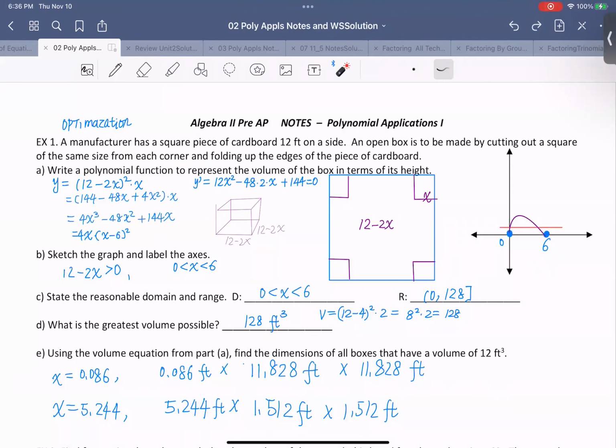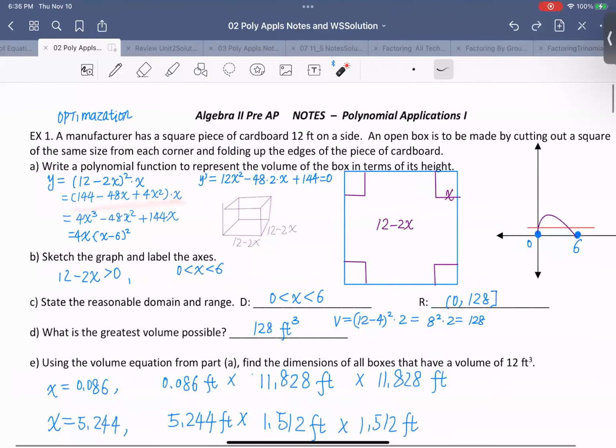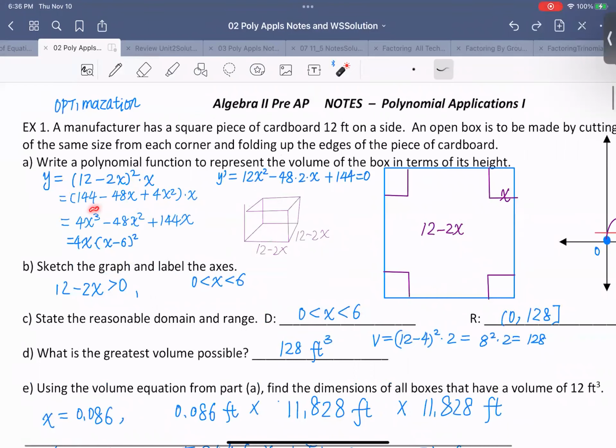So that you got this, okay? And when you sort them from higher order to lower order, you will have 4x cubed minus 48x squared plus 144x. So this is a polynomial.